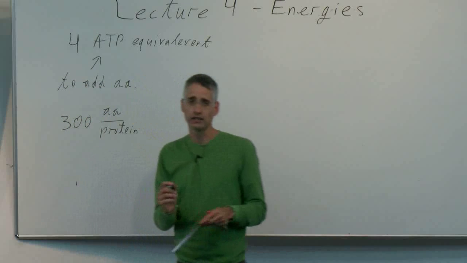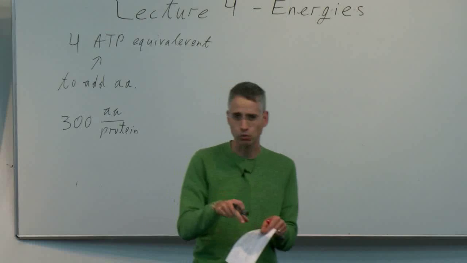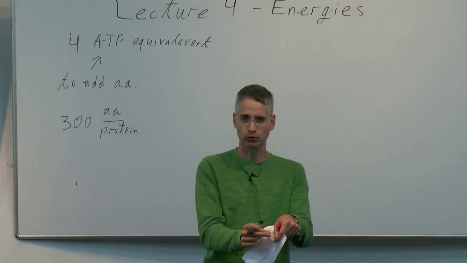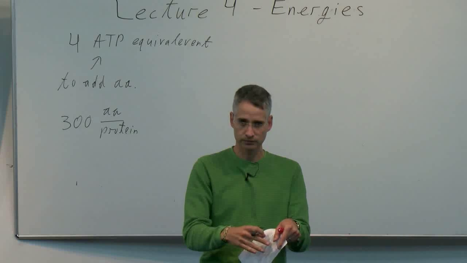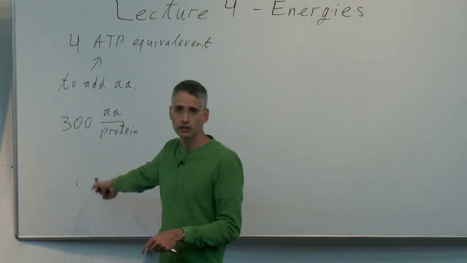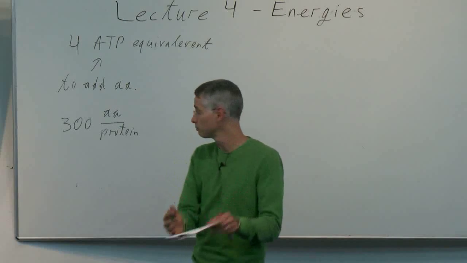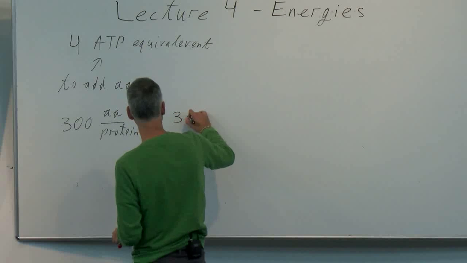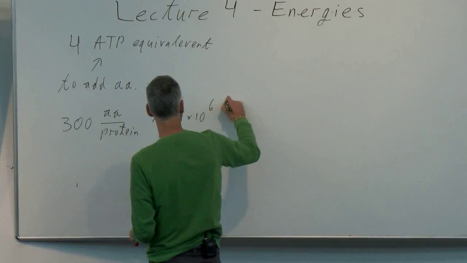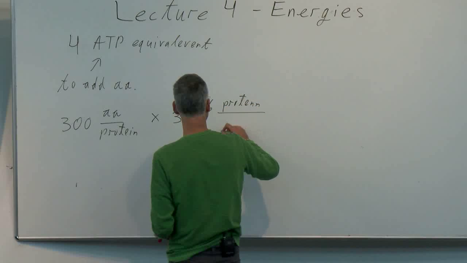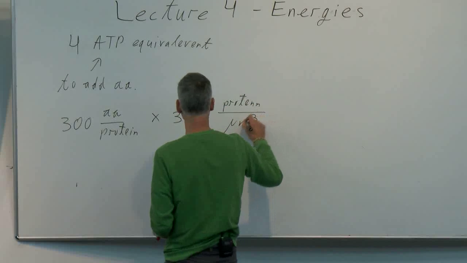But I need to know, initiation is something that happens once. You need to invest a bit in that, not so much. But that only happens once per protein. So that's negligible. Okay, so what else do we need to know? We need to know the number of proteins. You remember we said there's about 3 million proteins per micrometer cubed of cell.